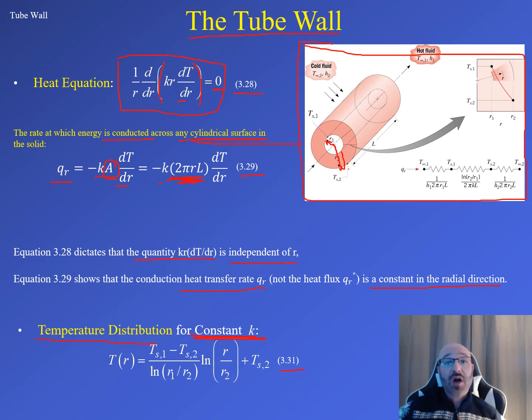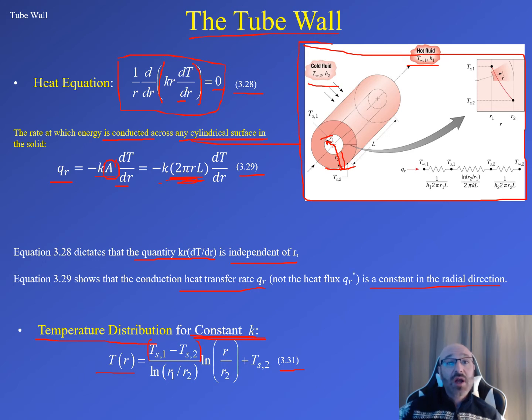We have T of r, our temperature with respect to that r value, that radius coming out from the center of the tube wall, is equal to our temperature difference between surface 1 and surface 2. And recall here our surface 1 is our inner surface T_s1, our surface 2 is our outer surface T_s2, where the hot temperature is at the inner surface and the cold fluid at the outer surface.